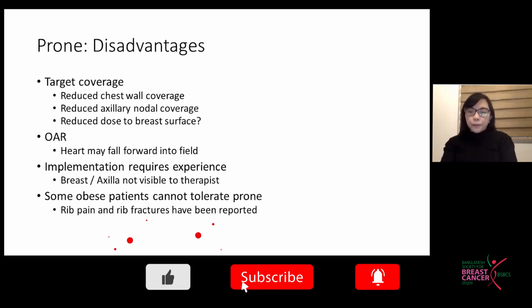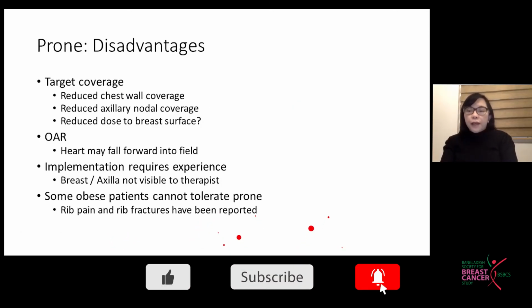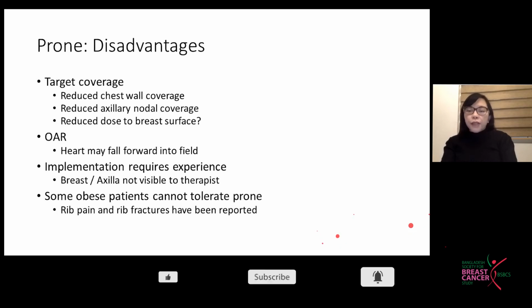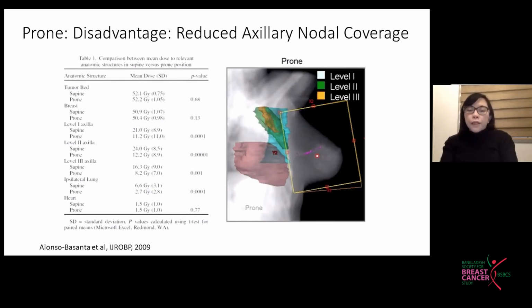So are there any disadvantages? Well, there may be if you're trying to cover the axillary nodes. And in certain patients, the heart actually does fall closer towards the chest wall. This is a slide from a paper from the NYU group, which shows that when the breast falls away from the chest wall, it also tends to fall away from the axillary nodes, so that these nodes in traditional fields are not going to be adequately covered compared to supine positioning.